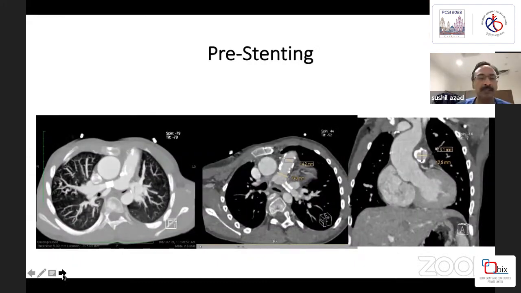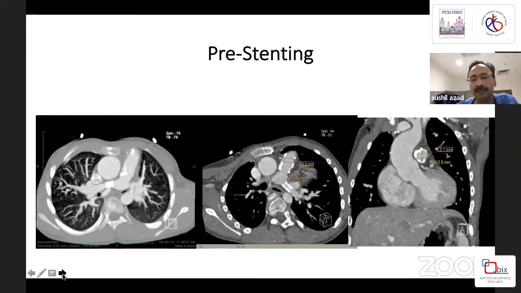You can clearly see this calcified conduit and the stent in the right pulmonary artery with significant narrowing, though the distal right pulmonary artery seems reasonably well. The left pulmonary artery stent was also narrow, and you can clearly identify the fracture of the stent as well. The narrowest diameter of the conduit was around 13 millimeters.